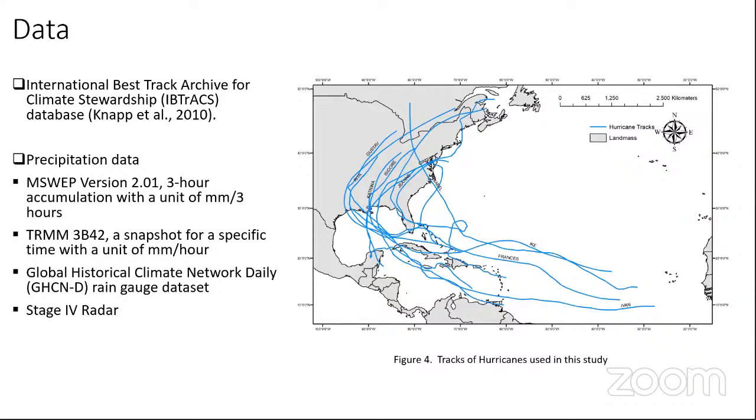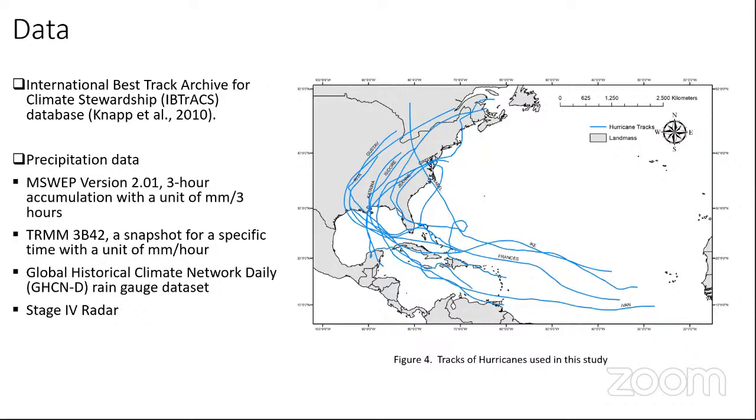The tracks of the hurricanes are obtained from the International Best Track Archive for Climate Stewardship (IBTrACS) dataset. This dataset provides 3-hourly TC center positions, 8 times each day, for the Atlantic Basin since 1951.